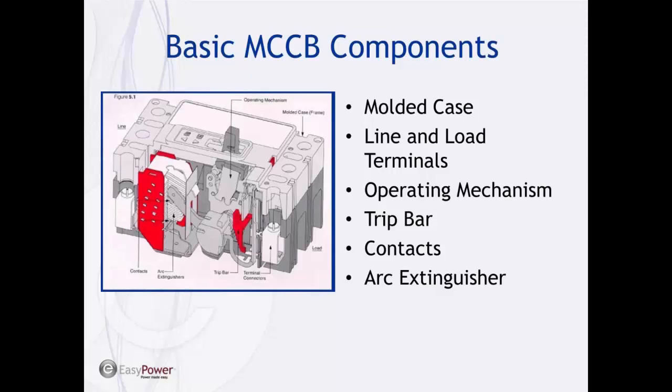And in this area up here, these are the arc chutes or the arc extinguisher. The breakers all work by opening the contacts, creating an arc, and then we have arc extinguishers that exist to break up the arc and extinguish it to get to current zero.